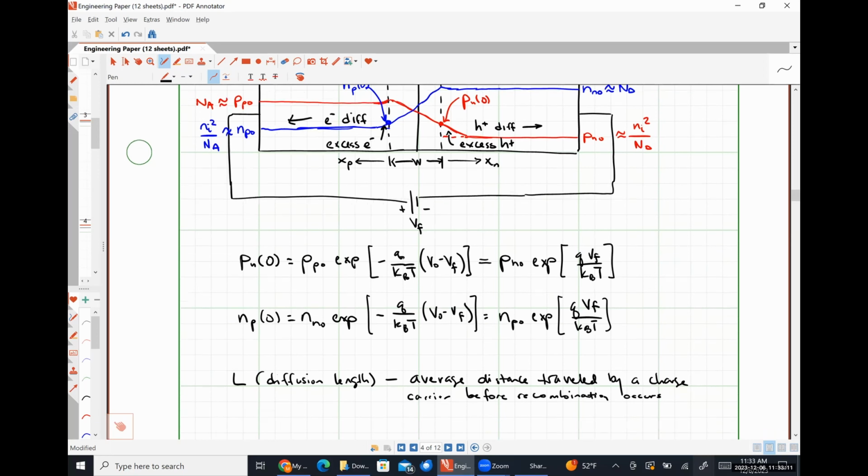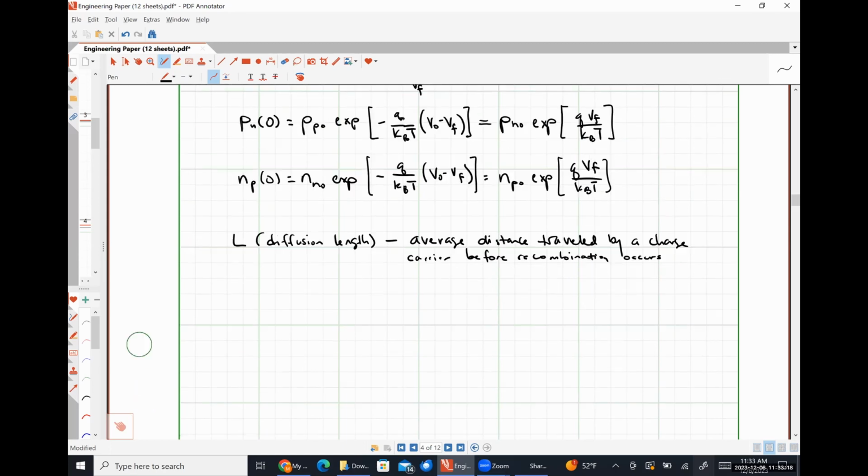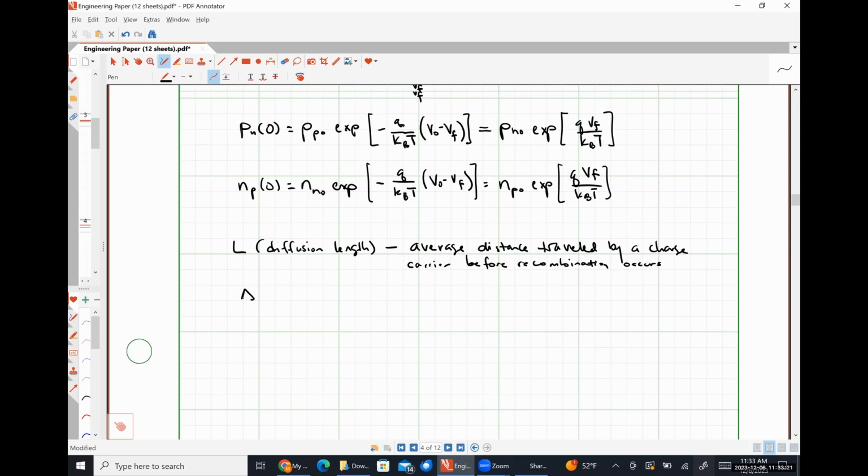So we can define the change in the minority carrier concentration as a function of position as follows. P_n at some location x_n minus P_n0, our baseline level, is our change.